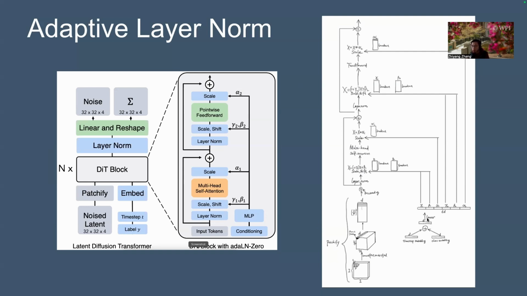In this paper, the authors add these two vectors element-wise and then use a linear layer to enlarge the dimension from d to 6 times d. We split them and get 6 vectors, each with d dimension. These 6 vectors will be used as the scale coefficients and shift terms later.